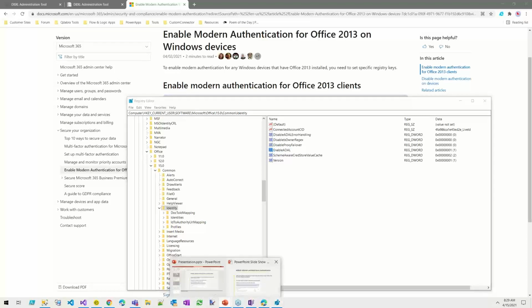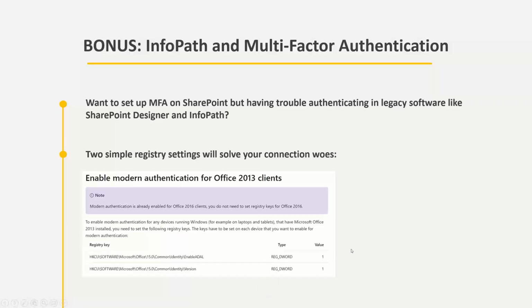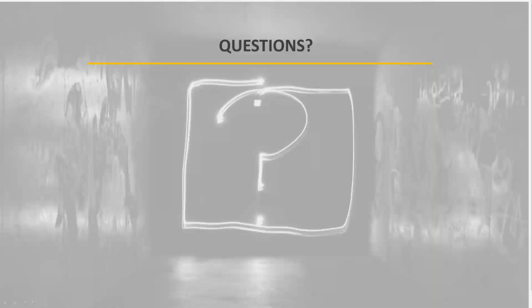You might want to consider enabling it and adding those registry keys. It's worth a try. We have one instance where I'm a little perplexed because I think the user has the registry keys enabled because of SharePoint Designer access, but there are still some challenges in InfoPath. But in general, it's worth trying. I've noticed that when these are set and I've got MFA on, I can access my site in InfoPath, and when they're not, I can't.